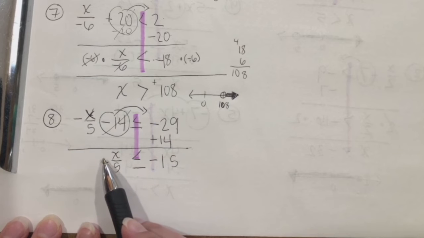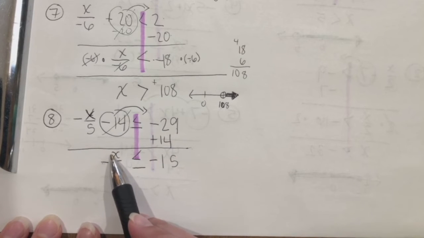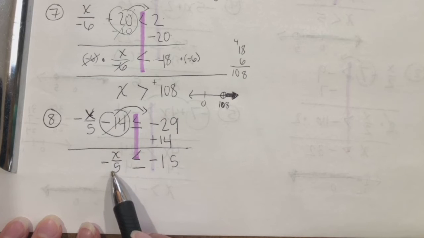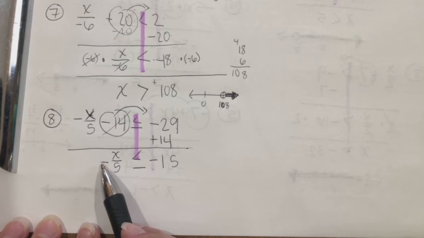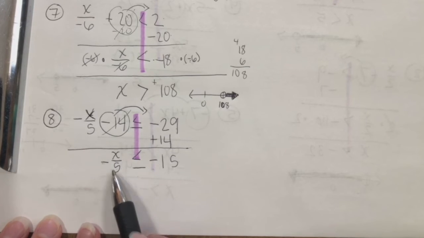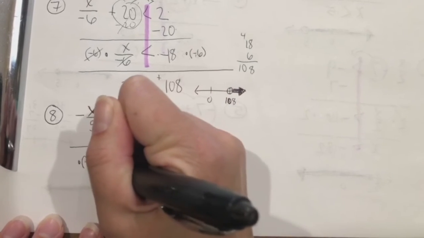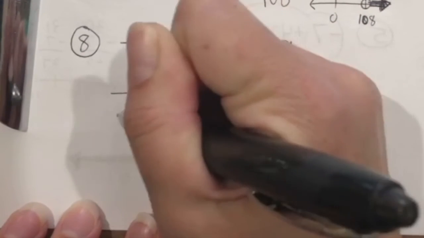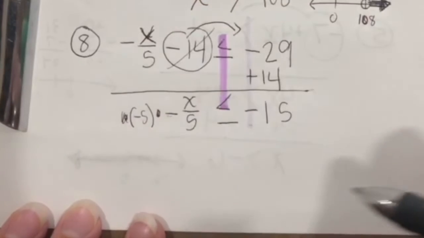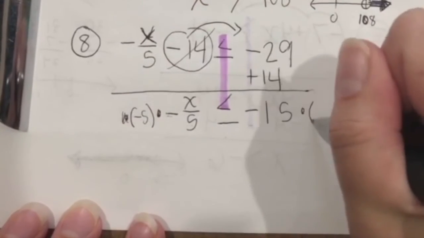Because technically you could put the negative out in front, or you could give it to the x, or you could give it to the 5. As long as you take that negative and give it to just one of those numbers, then you'll be fine. So we're going to say that that negative goes with the 5, and we'll multiply by negative 5. I guess I should put the multiplication over there. And then on this side, multiply by negative 5.